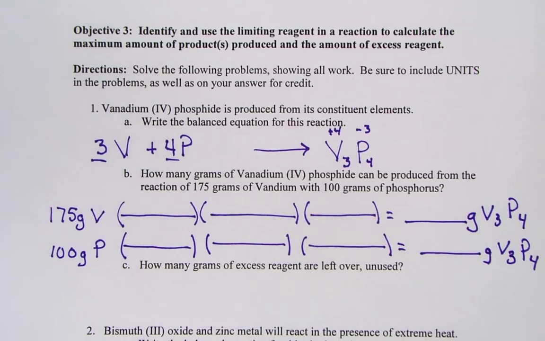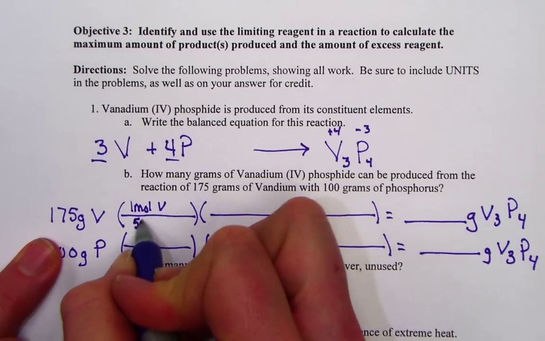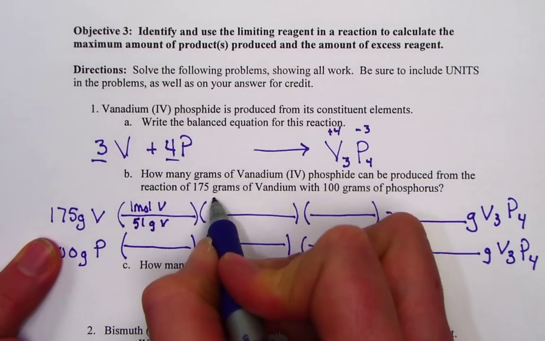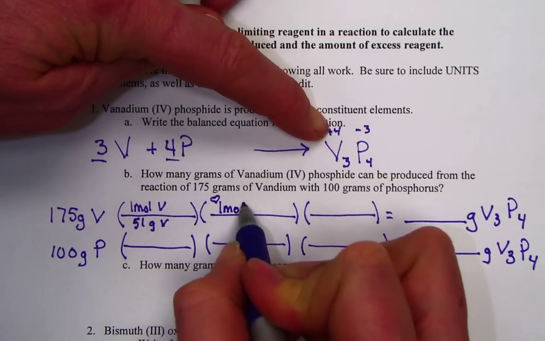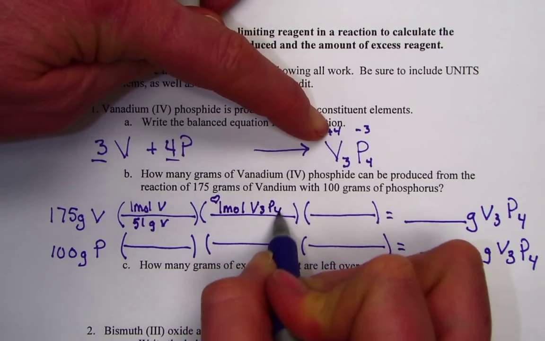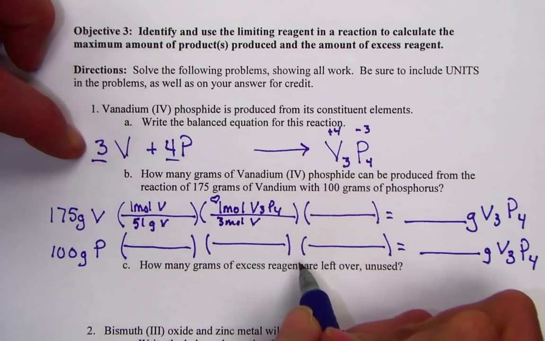In our first conversion, we will need the molar mass of vanadium. Vanadium has a molar mass of 50.94. I'll just round that to be 51. In our first conversion, we would write 1 mole of vanadium over 51 grams of vanadium. In the heart of our problem, we want the product, 1 mole of V3P4 for every 3 moles of vanadium, a 1:3 stoichiometric ratio.